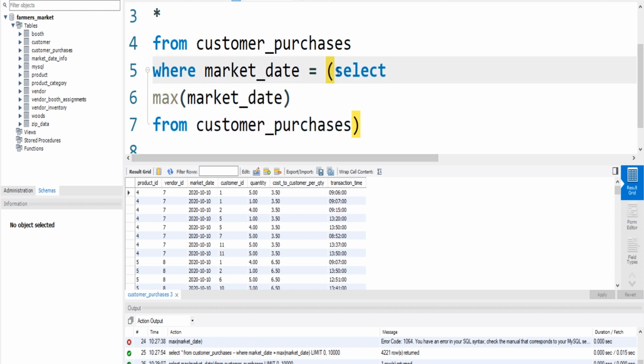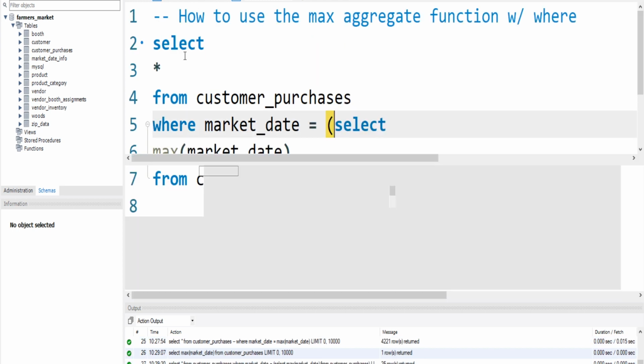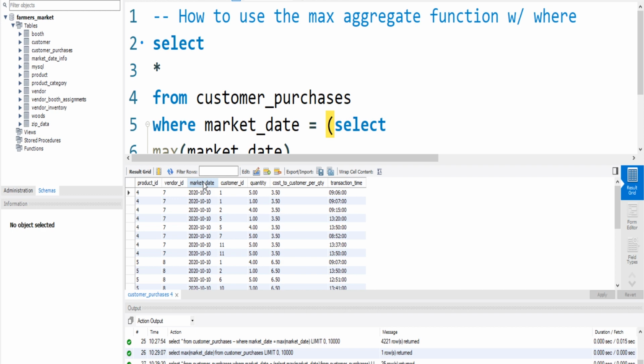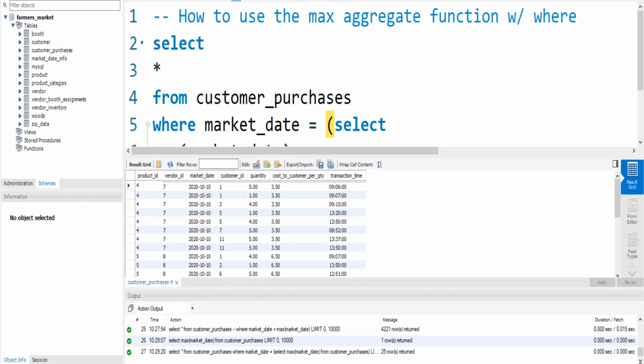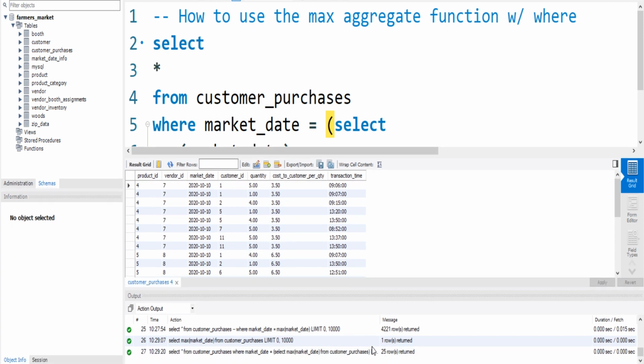What you do is put this in a subquery, and then you run this. Now you get your 25 rows associated with your 10/10 of 2020.